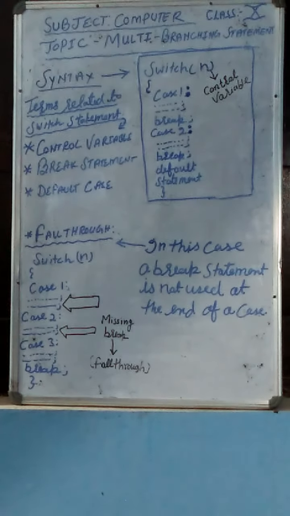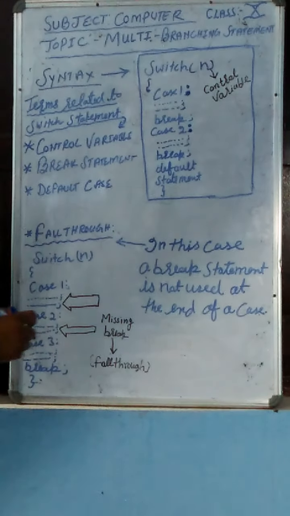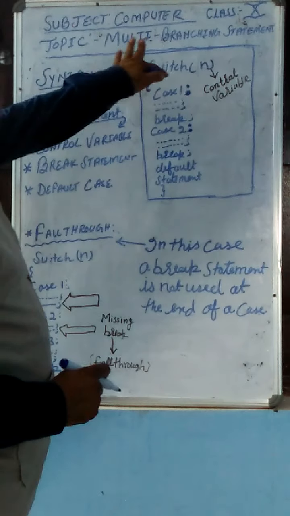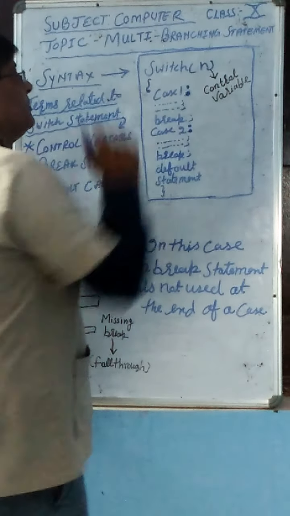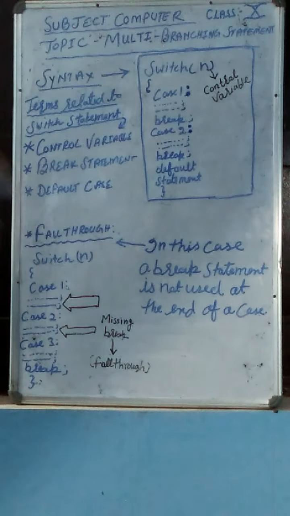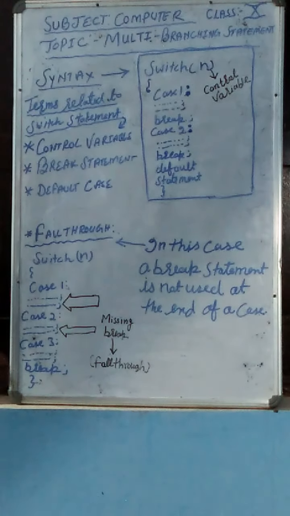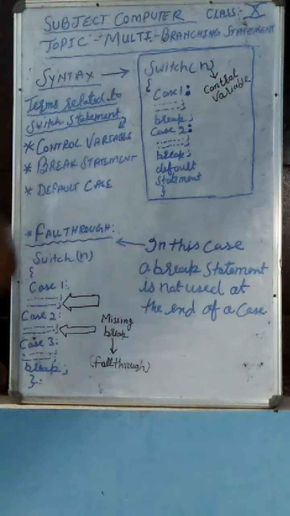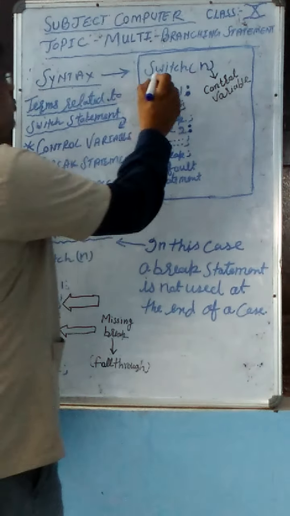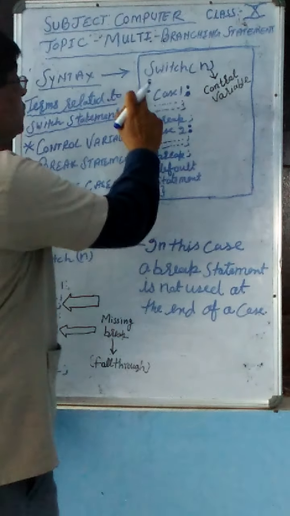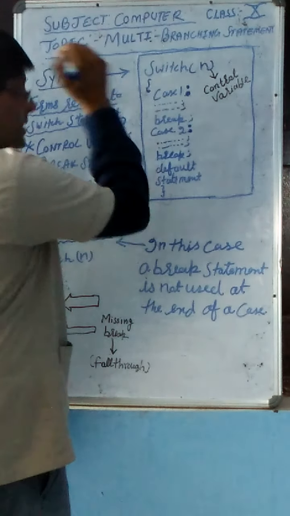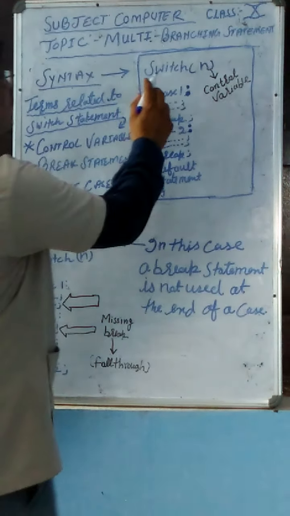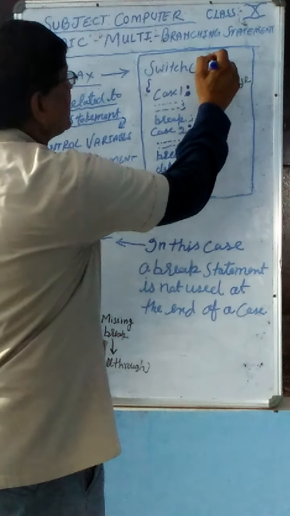Yes, now students, we will discuss the syntax of the multiple branching statement. According to the question, I have already explained one example, you are seeing the switch statement. It will be used before the curly brace. Switch and any variable you can take here.